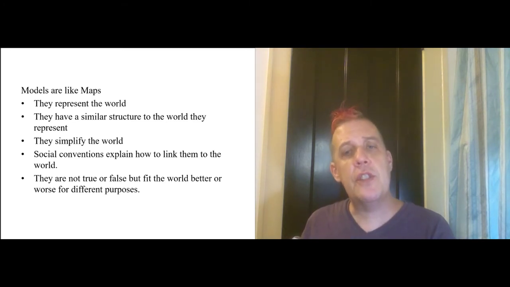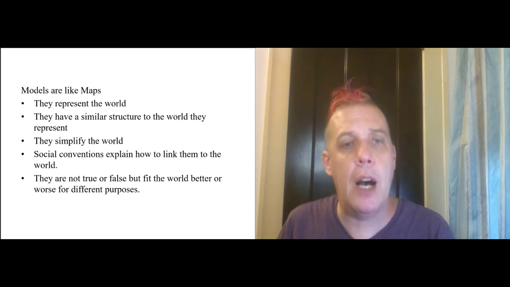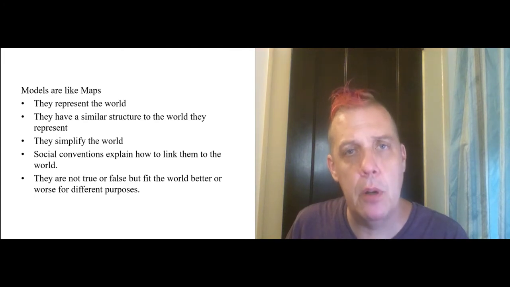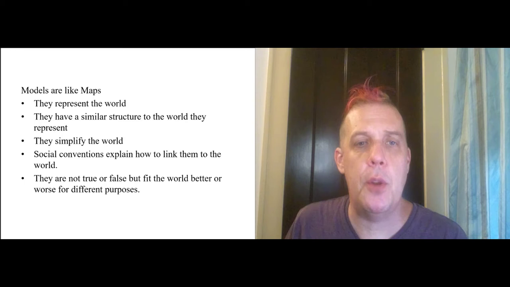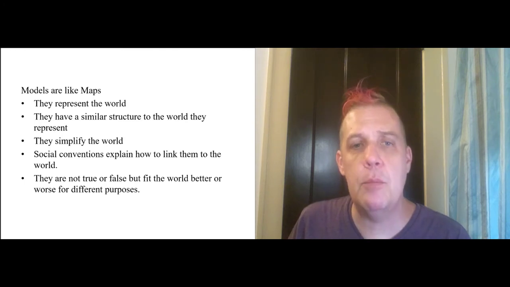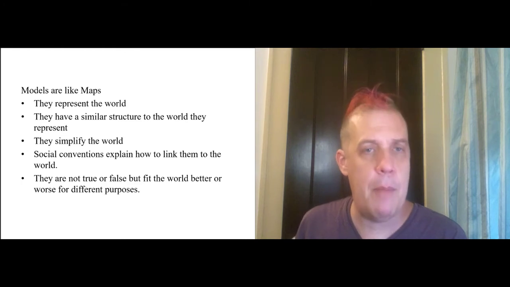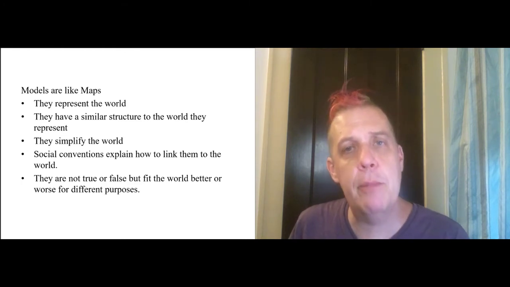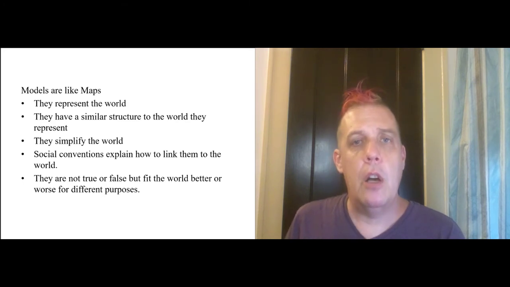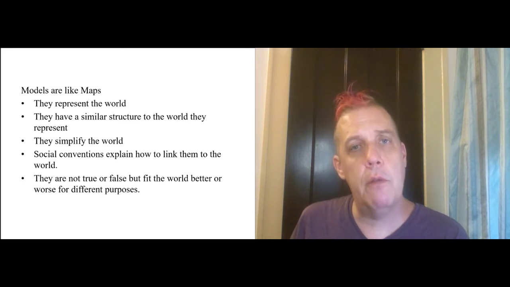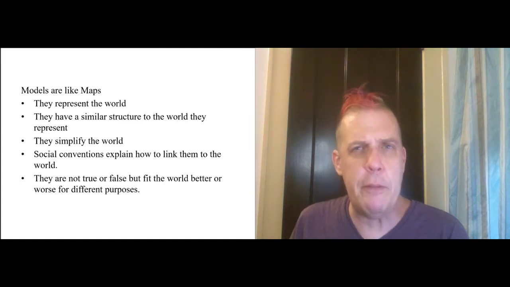The important thing to see here is that a model is like a map. A model is something that represents the world, and it has a similar structure to the world it represents, just the way a map does. But a map simplifies, right? A map that captured all of the detail of the actual world would have to be actual size.